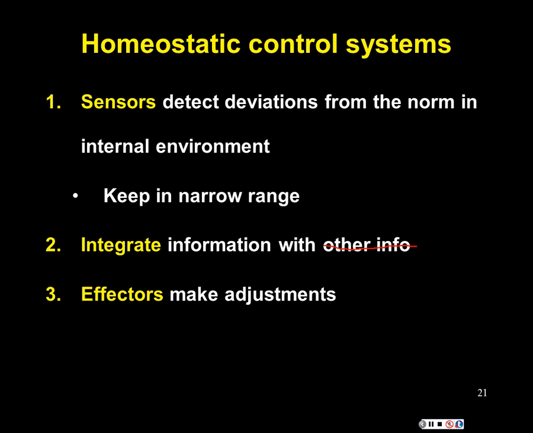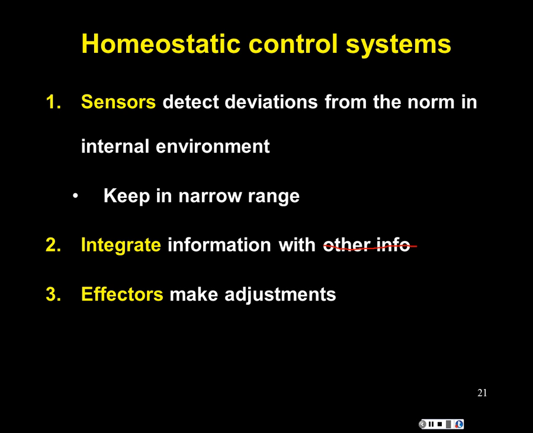There's going to be an effector. It could be a cell, it could be a molecule. Did it know to do any work? The control center. The control center tells it what to do.